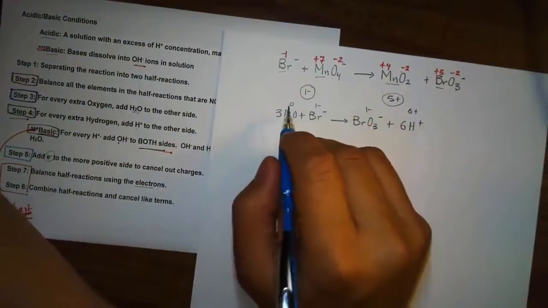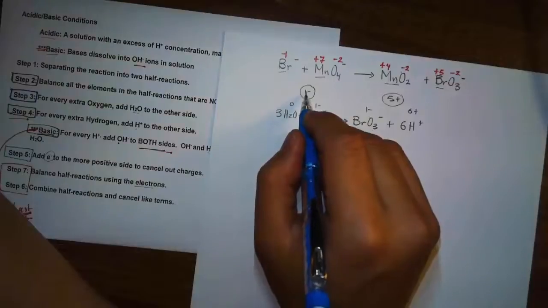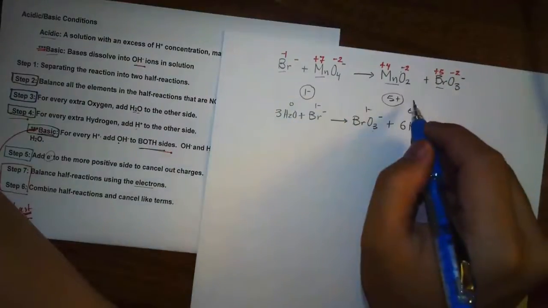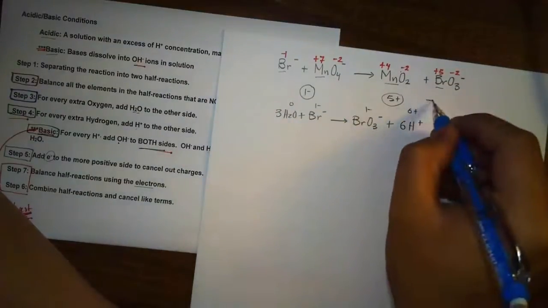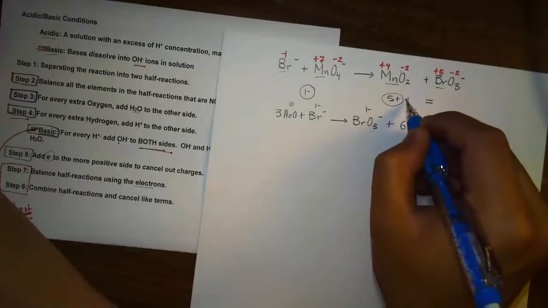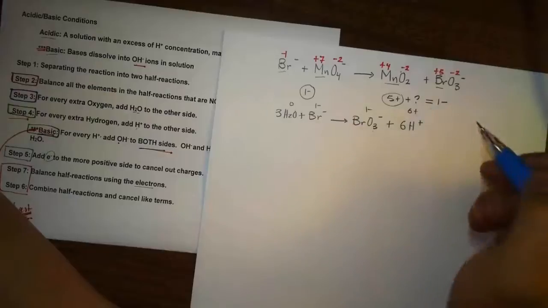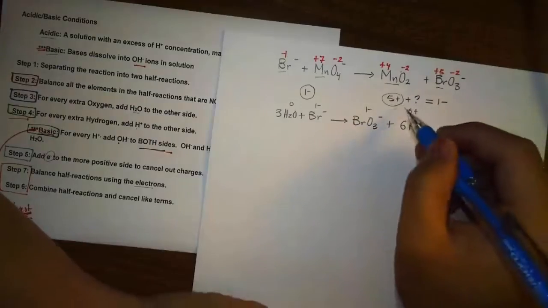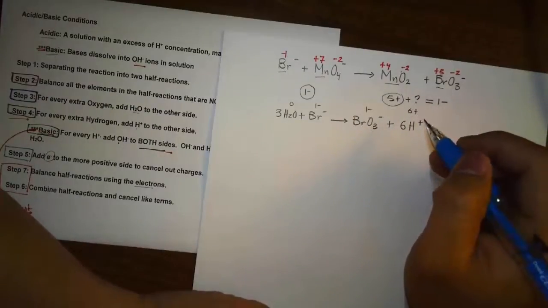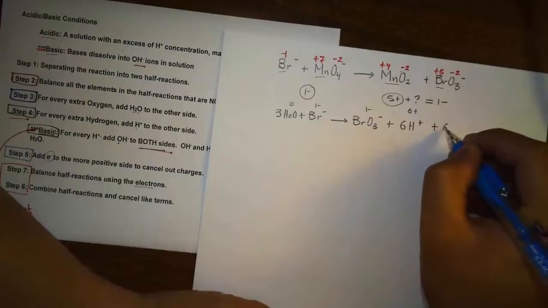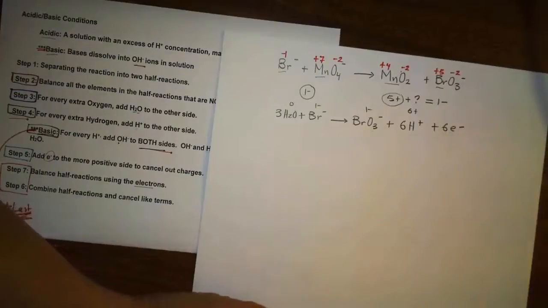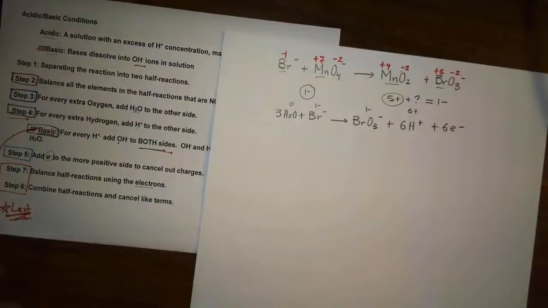What does that mean? We need this side to have 1-, so this one must also have 1-. So we can ask ourselves, +5 plus what number will give us 1-? Of course, it's going to be -6. That means we need 6 electrons. So be careful with your basic algebra, okay? That's all we have to do.